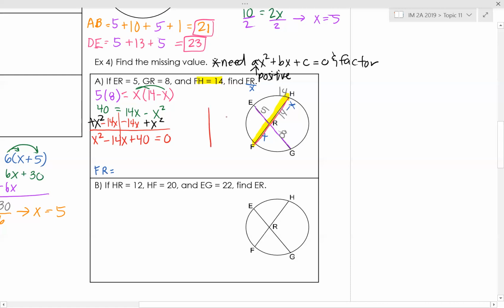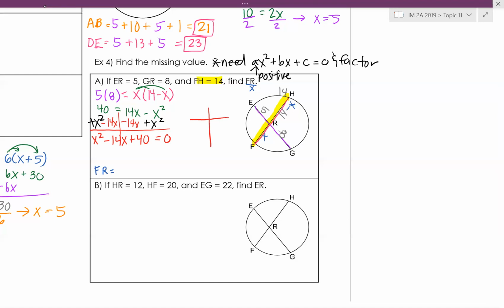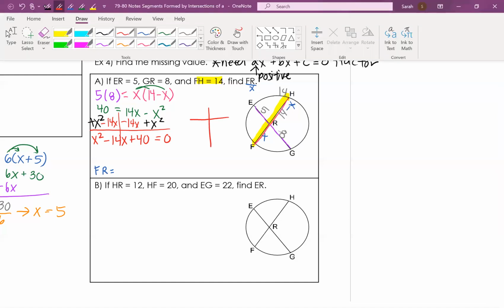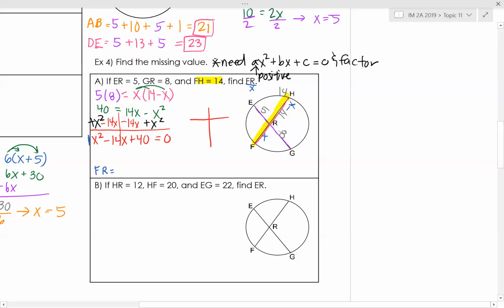From there, I have to do the product sum. So remember that to find the product, I'm looking at, I'm trying to color code here, a times c. So 1 times 40 is the number 40. And then my sum needs to be b, which is negative 14. So I'm looking at numbers that multiply to 40.